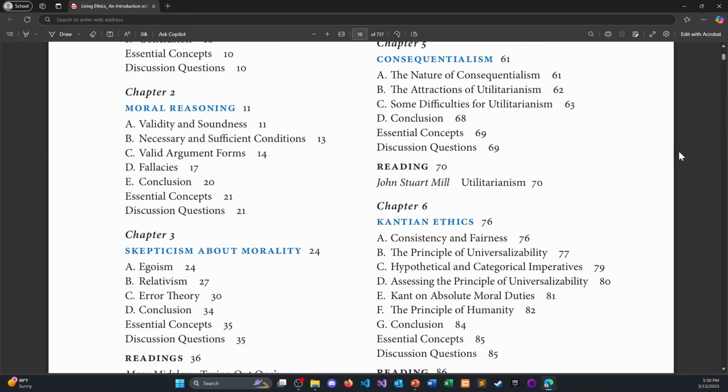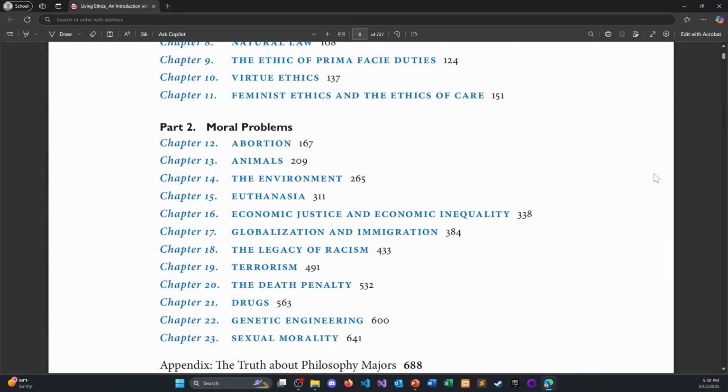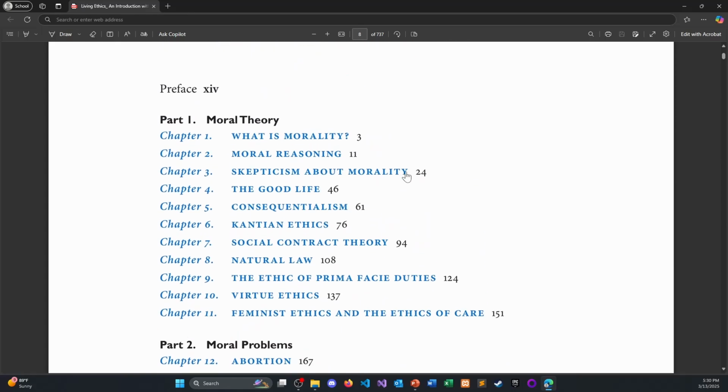So what does this mean from the perspective of strategically reading? Well, like I said, you would want to probably read the full first and second chapter and really absorb them by practicing the methodology of moral reasoning. Then you would want to read chapters 3 through 11, trying to find arguments in favor of or against each of the moral theories that's presented.